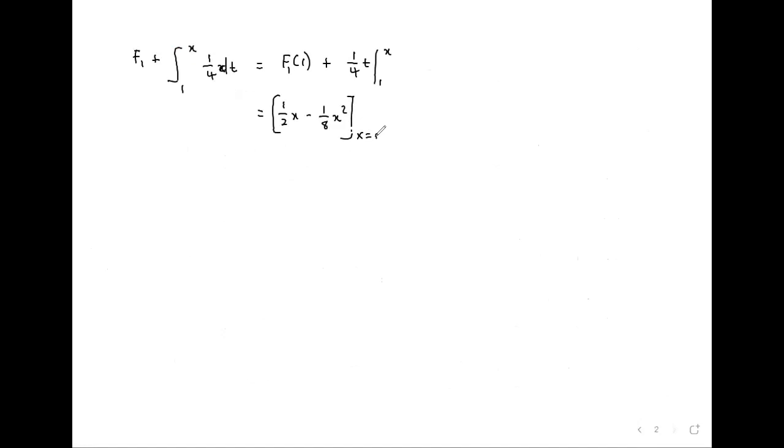And then plus 1/4x minus 1/4. So we get half minus 1/8 minus 1/4 plus 1/4x, which is, 8 down, 2 in 8, 4 minus 1 minus 2, plus 1/4x.